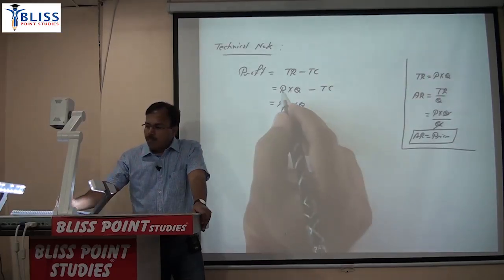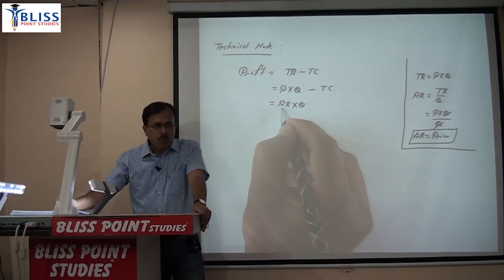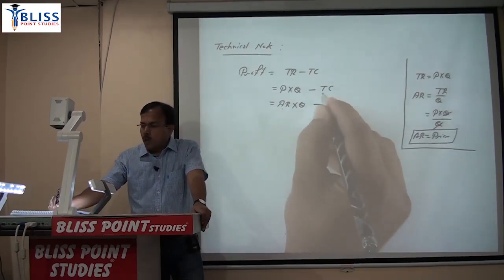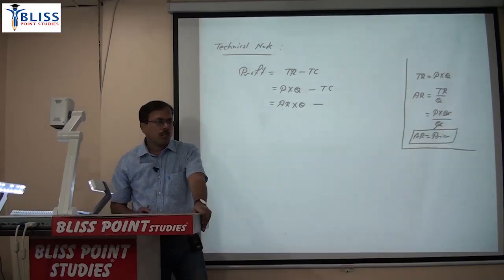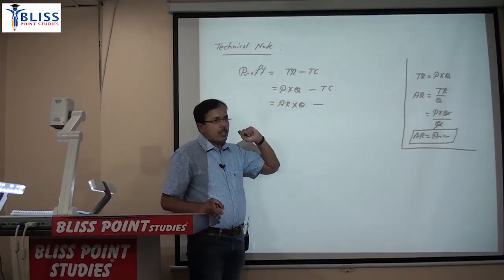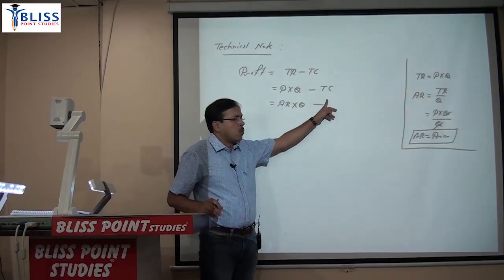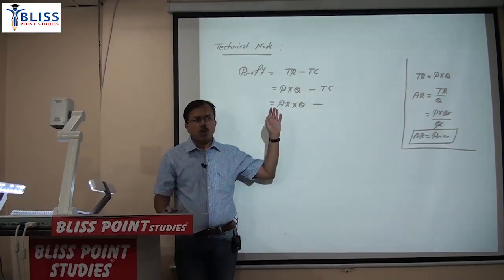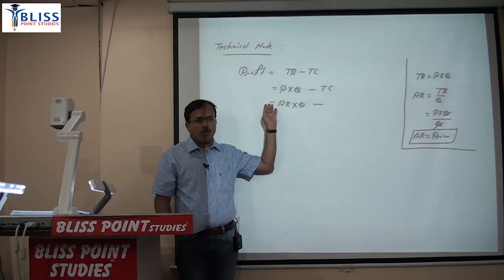So in place of that price you wrote average revenue multiplied by quantity. Similarly, how to calculate total cost? Whenever you multiply average with quantity you will get total. So just apply that concept while writing total cost. How do you get total revenue?